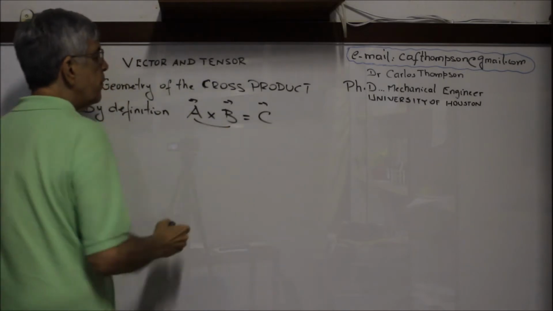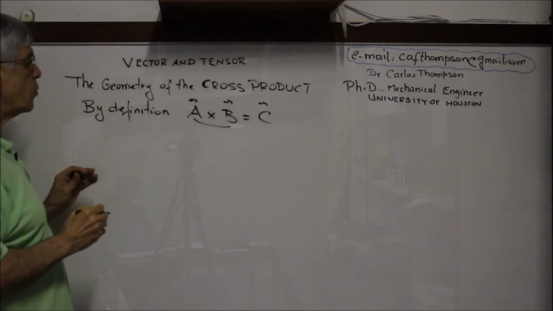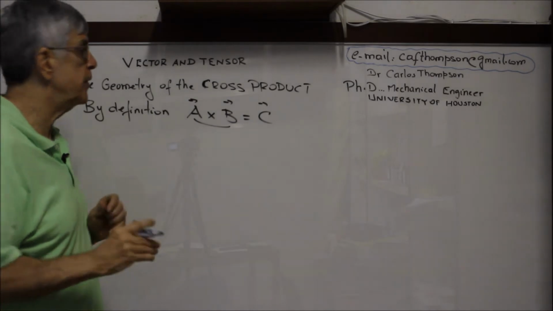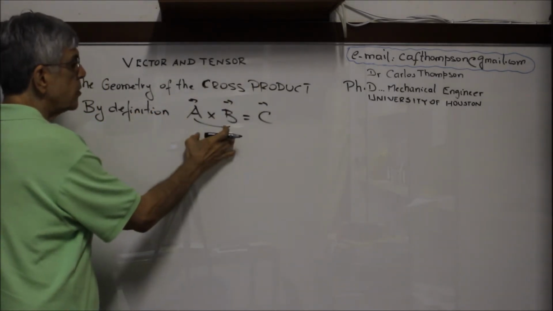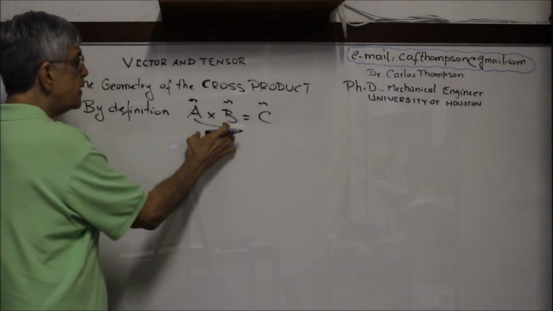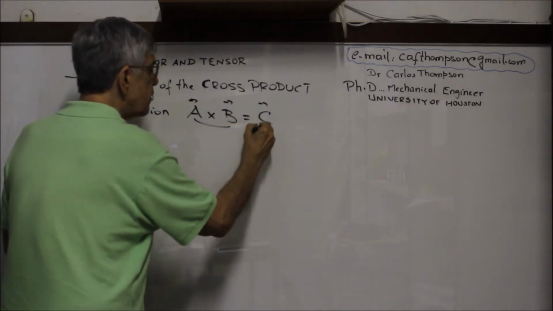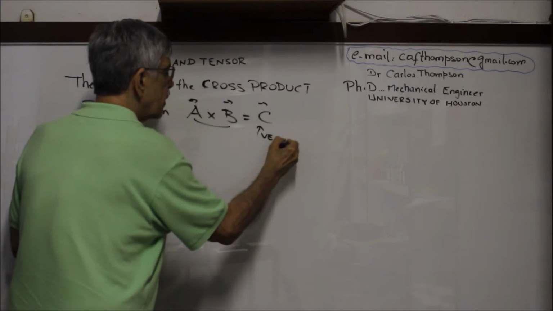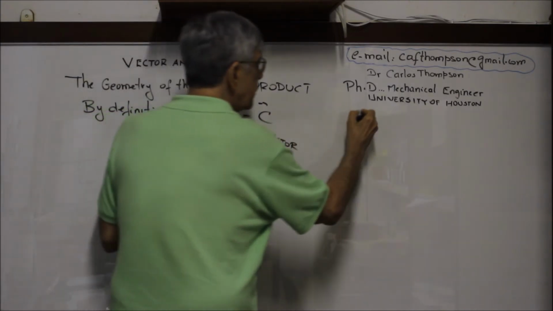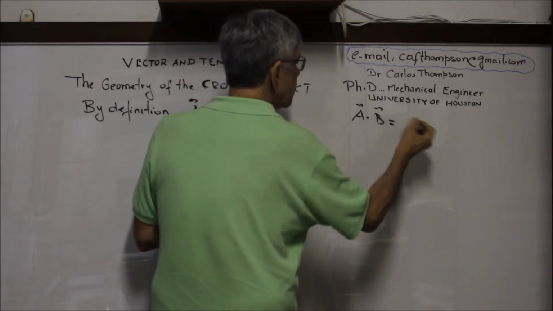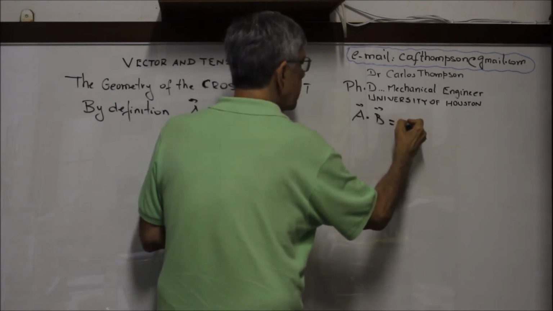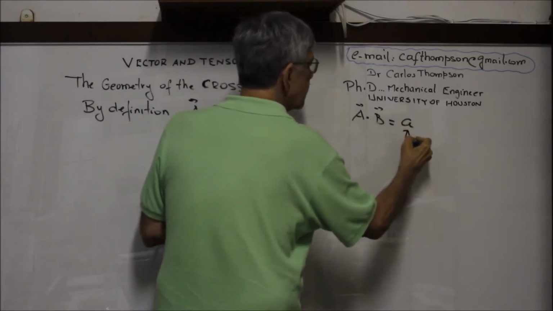So the first point I would like to make here is this: the cross product of two vectors is a vector. This is a vector, this is a vector. Remember, the dot product is a number, so this is a scalar.